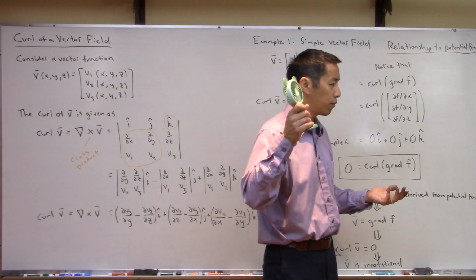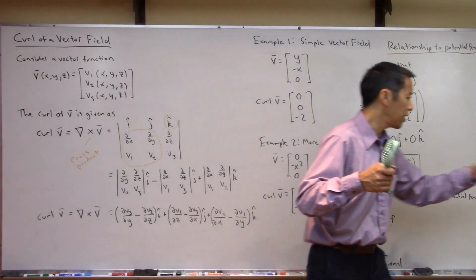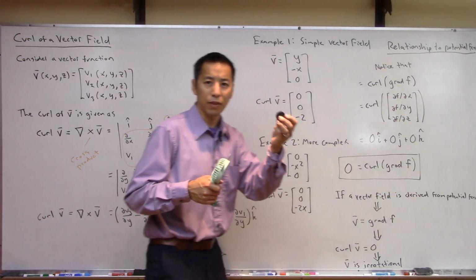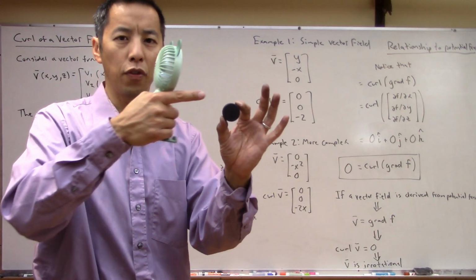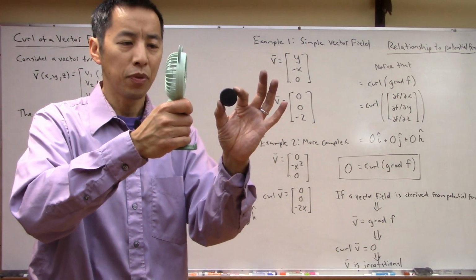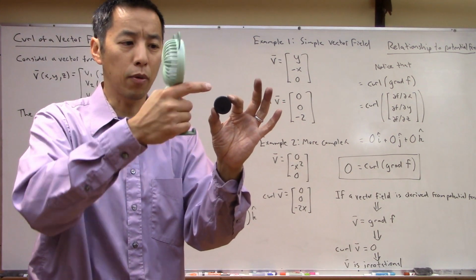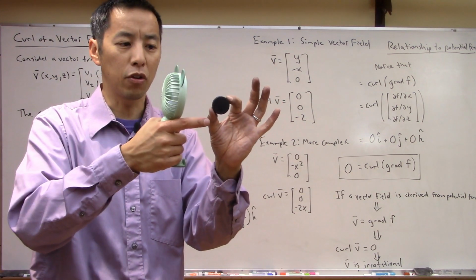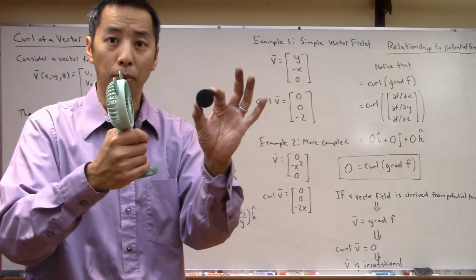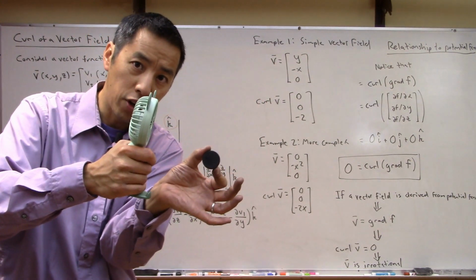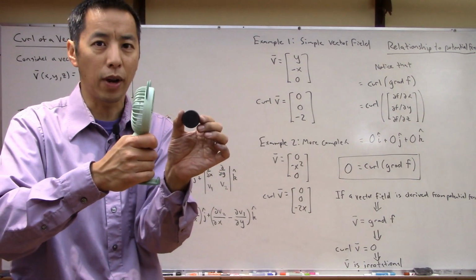Usually I steal my daughter's little fan. Let's say you've got a disc or a ball, right? And if there's more fluid flow across the top of this than on the bottom, or maybe the fluid across the top is going faster than the one on the bottom, the friction between the fluid and this ball is going to want to make this thing turn or rotate in a certain direction, right?